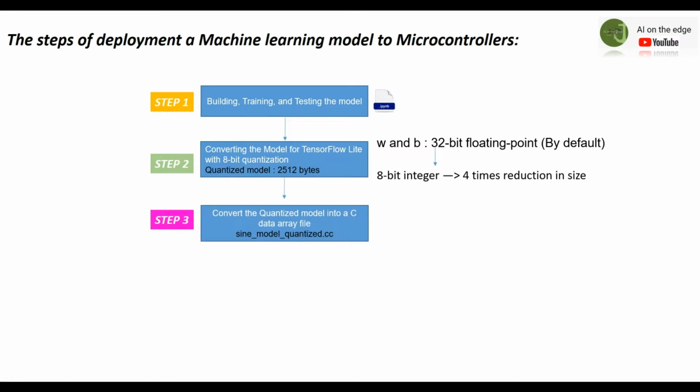Basically, once we convert this model to a C array, we can easily include it in our code. The extension of the file would be .cc, one of the C++ extensions, and this would be one of the examples of the data array which is converted from the first example.